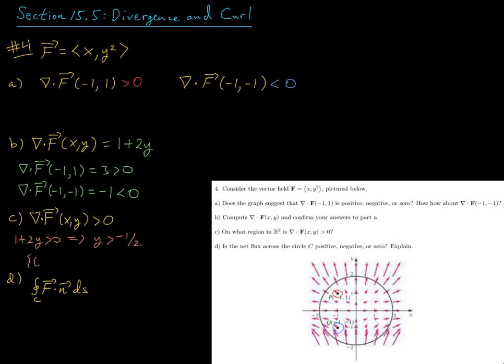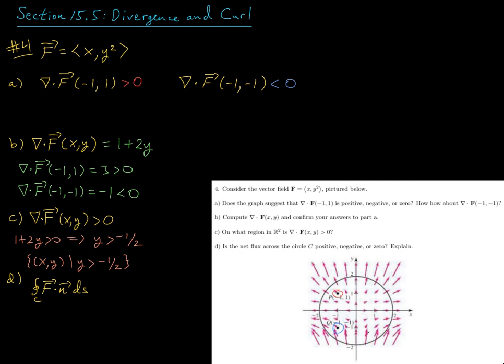So in other words, the collection of all points in R2, x, y, such that the y coordinate is greater than -1/2 will be the region where the divergence of the vector field F is positive. Looking at this plot, y equals -1/2 is down here, and it does appear that this is the transition point between net outward and net inward flux.